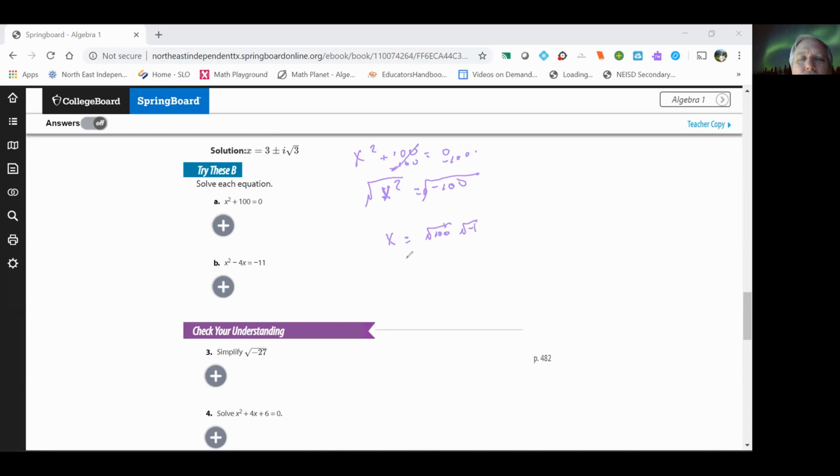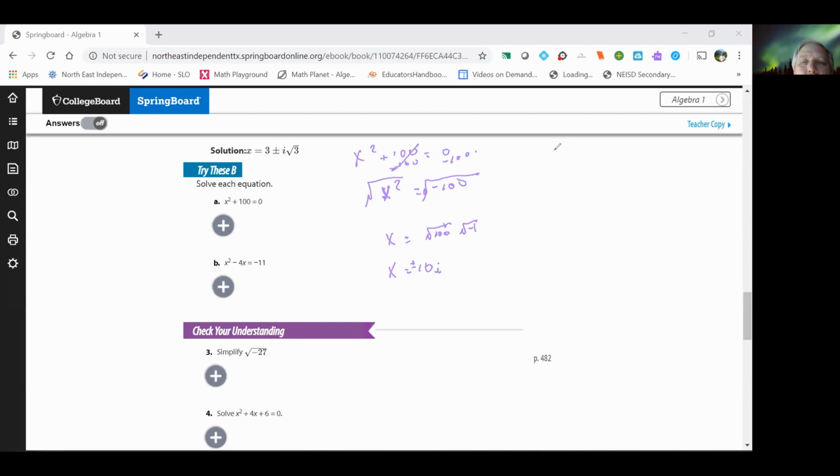The square root of 100 is 10, and then the square root of negative 1 is written as the imaginary number i. So the answer here is x equals plus or minus 10i, or 10 times i.